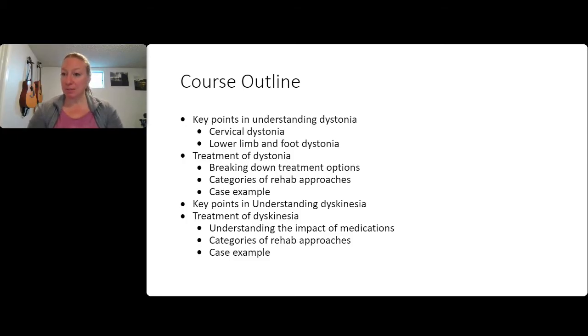Since we do have a short time today together, I'm going to send out a quick pulse check, and I just want you to give me a thumbs up if maybe about 50% of your patient caseload right now is degenerative disease. So you see Parkinson's, MS, ALS, movement disorders that would include these dystonias or dyskinesias. If that's like 50% of maybe your patient caseload, give me a thumbs up.